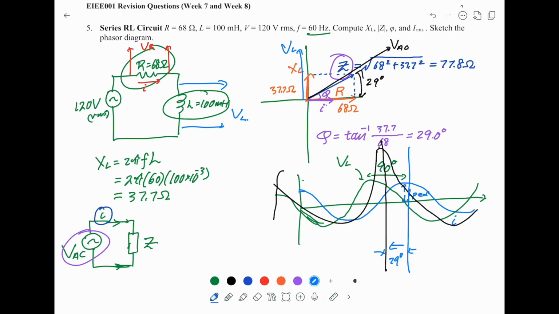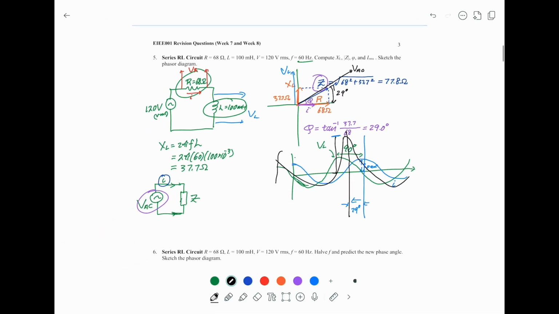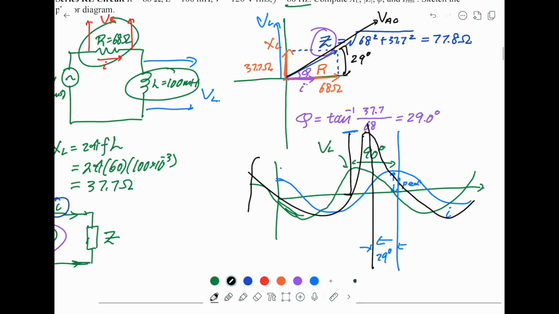And if we look at the peak of this one and the peak of the current, they're proportional to each other. So what I mean is, we can write the same thing. The voltage of the AC source is proportional to the peak of the current.